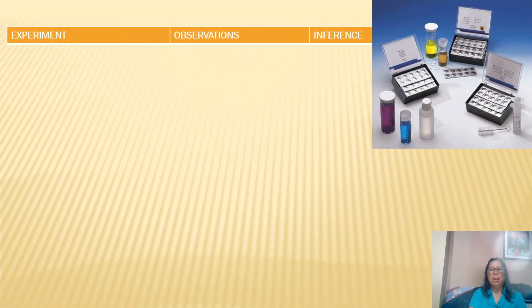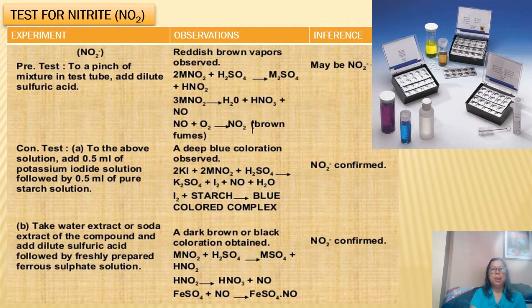Now, there are prepared test kits for some unknowns or some ions, like for the case of nitrite. Usually, nitrite determination is done to determine the quality of water, especially for wastewater coming from industries, whereby nitrate is very high, thus causing a high biological oxygen demand in the nearby river.